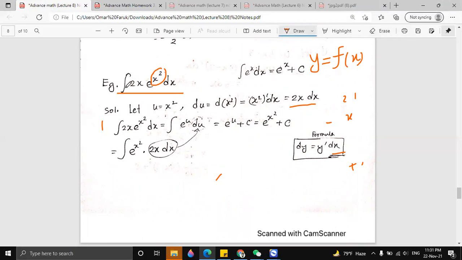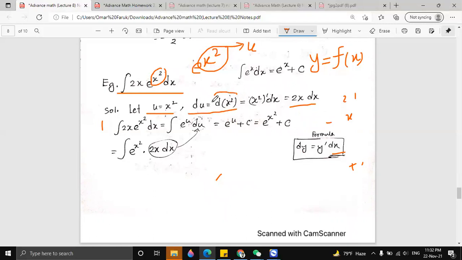So firstly, we have integration of 2x e to the power x square. We know the formula of e to the power x, but we don't know the formula of e to the power x square. That's why we just let x square as u, okay? So now let u is equal to x square, then we differentiate on both sides like before.